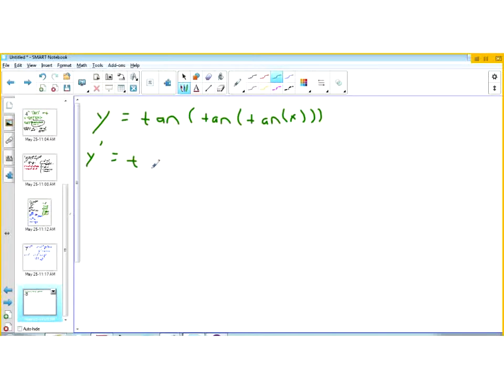the derivative of the outer function. How you would solve it is you would go like this. You would take the derivative of the outer function, which is here. So the derivative of the tan function is secant squared, okay, and then you plug back in its argument.